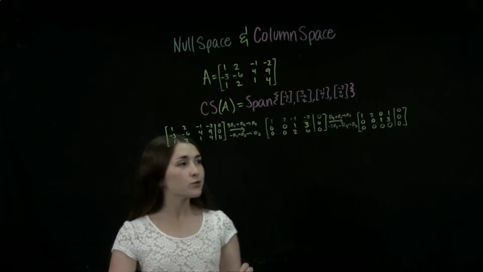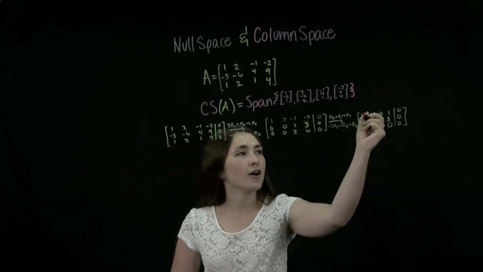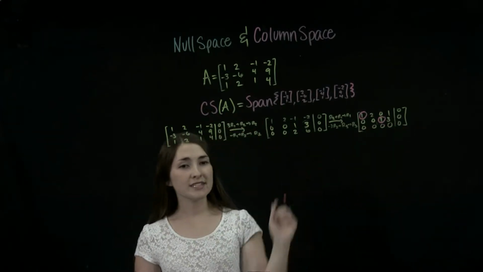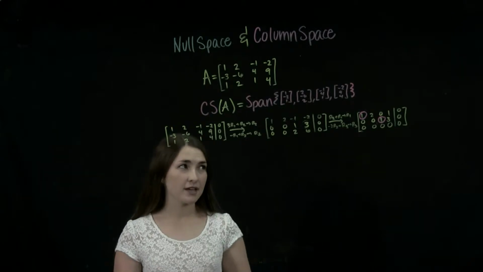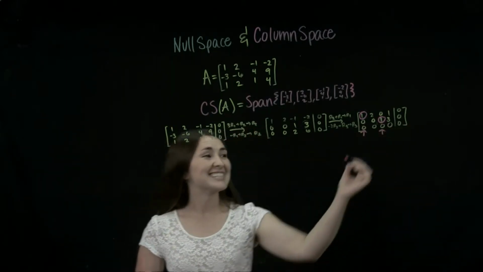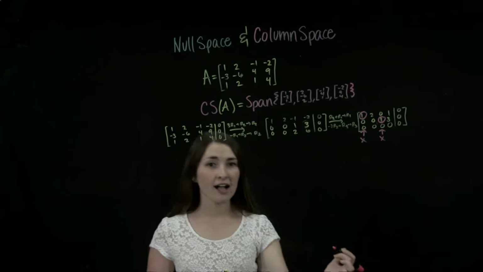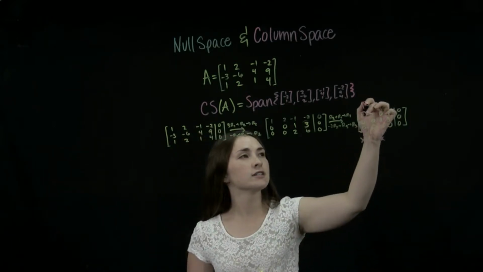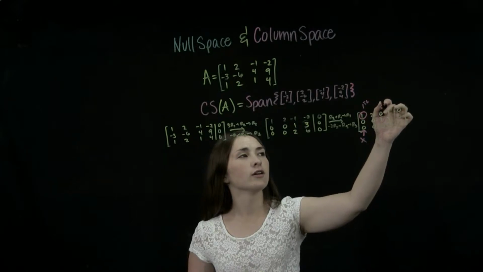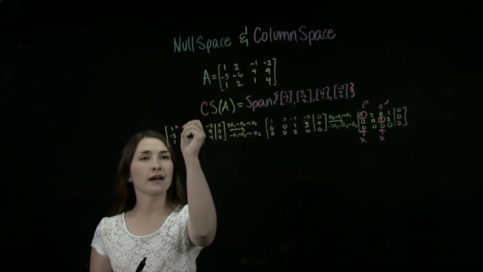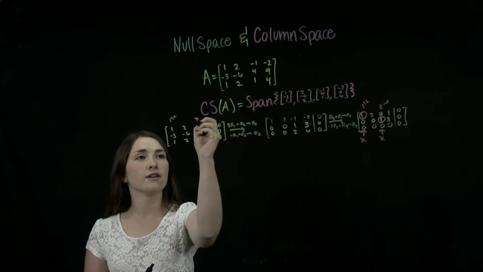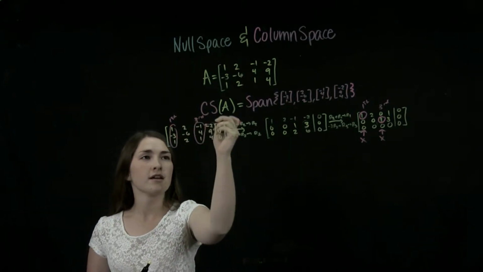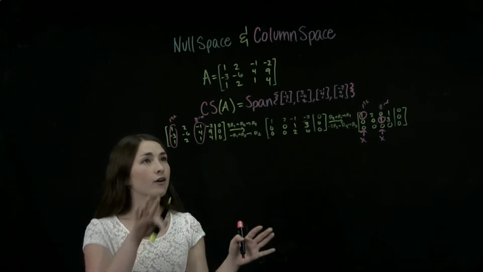So what we're going to do is we're going to take our columns with pivot variables right here, and these are going to be the basis for our column space. However, it's not these specific columns, but instead that means we're going to go back and, okay, so our first and our third columns, so we're going to go back and find our first and third columns, and these are going to be the basis of our column space.